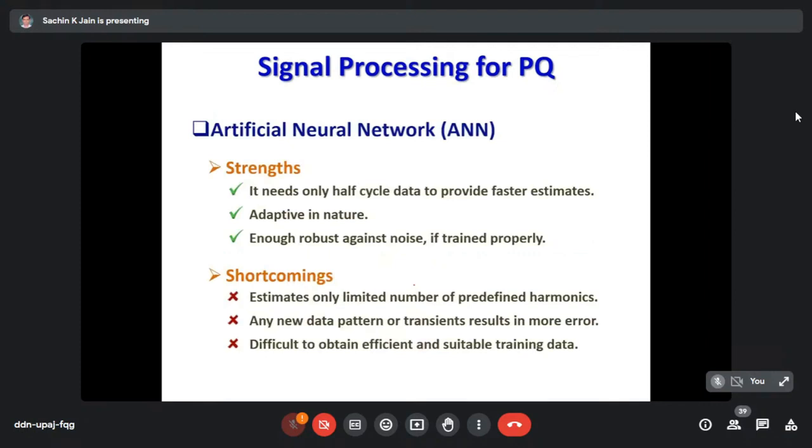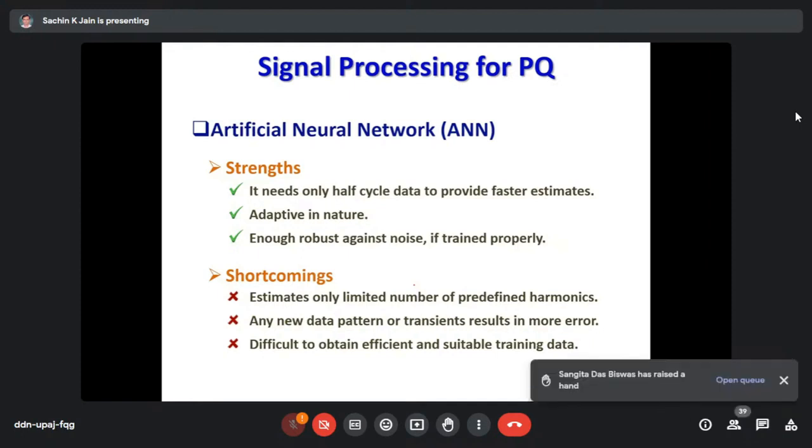Nowadays any discussion, any lecture misses something if we do not talk about artificial intelligence techniques. So in power quality also, the neural network and some other artificial intelligence techniques find very wide applications.